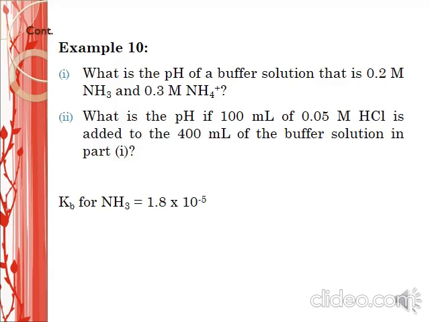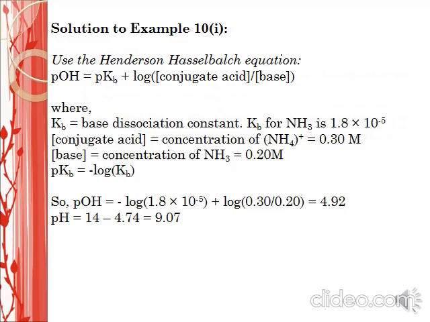To solve question one, we use the Henderson-Hasselbalch equation. The buffer was already prepared, so you just substitute the concentration of the conjugate acid and also the base ammonia. Then you are given the Kb, you just take negative log to get pKb. In this case we will calculate pOH because it's a weak base.